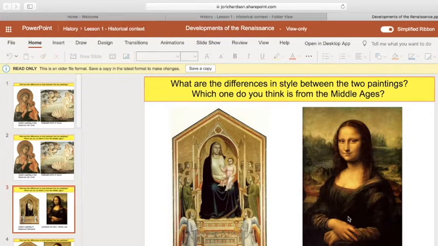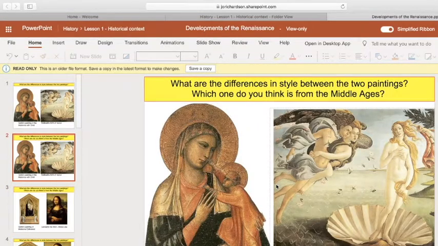So I think we'll look at these two images first. One image is from the Middle Ages and one image is from the Renaissance period. Now, I've just told you that the idea of the Renaissance period is to go back into the classical arts and this rebirth of thinking.